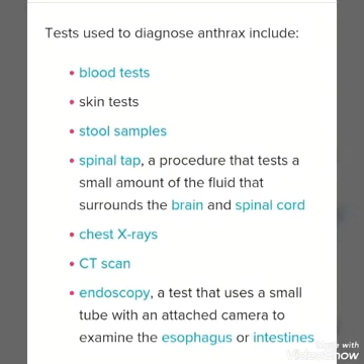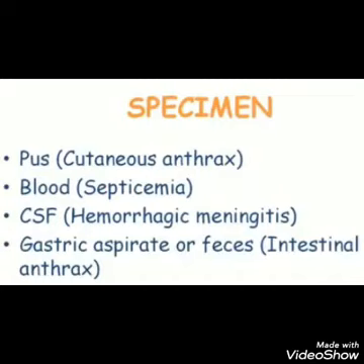Now, investigation. The tests used to diagnose anthrax include blood test, skin test, stool test, spinal tap, a procedure that tests a small amount of the fluid that surrounds the brain and spinal cord, chest X-rays to exclude respiratory anthrax, CT scan, and endoscopy, a test that uses a small tube with an attached camera to examine the esophagus or intestine to exclude gastrointestinal anthrax.